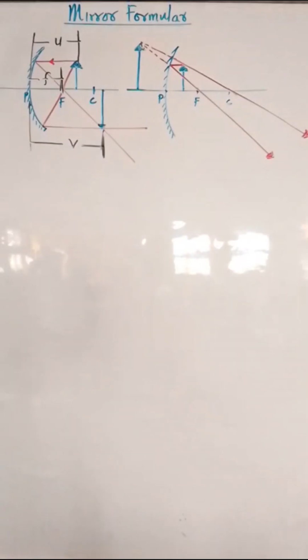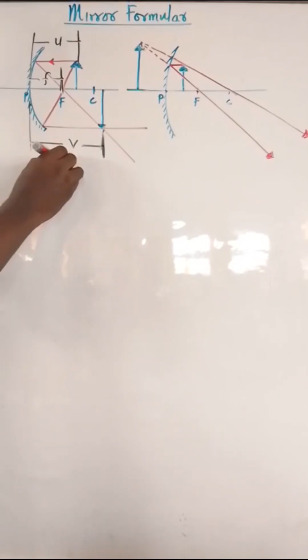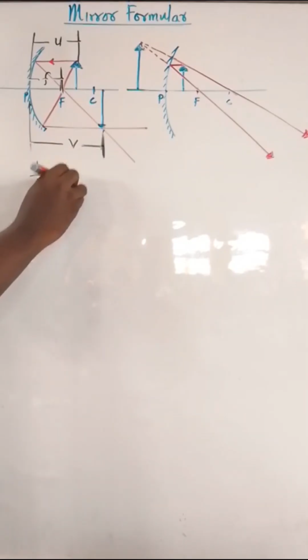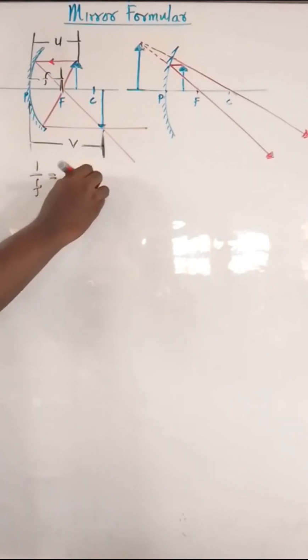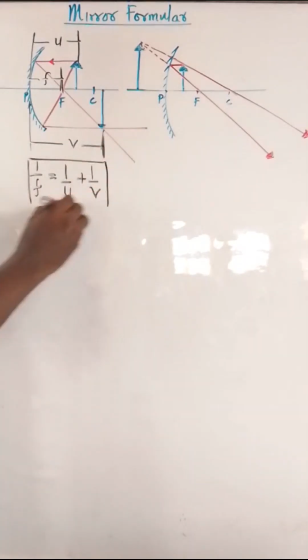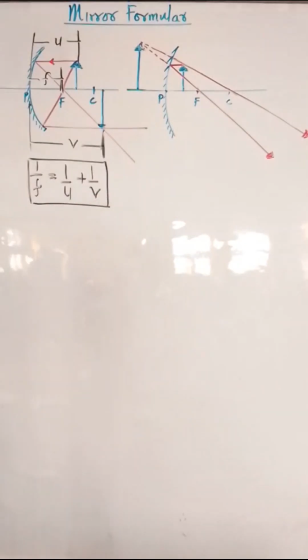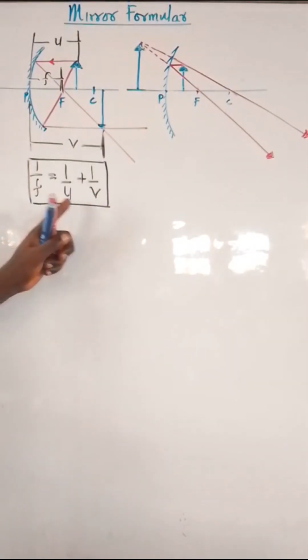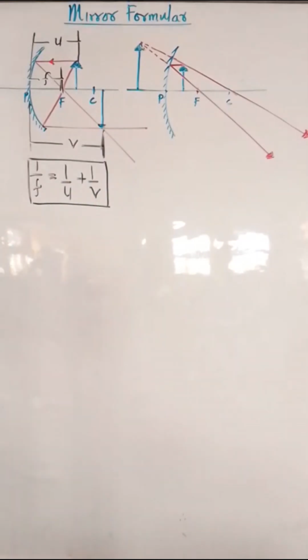And we can prove from here that 1 over f equals 1 over u plus 1 over v. This is what we call the mirror formula. The connection between the principal focus, the object distance u, and the image distance v.